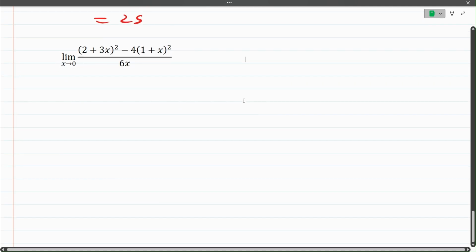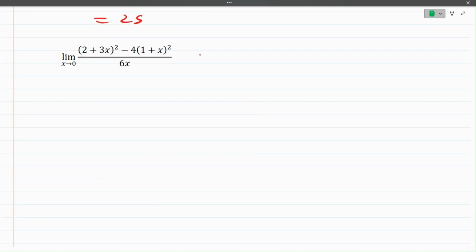Here we have limit x approaches 0, 2 plus 3x whole squared minus 1 plus x whole squared over 6x. So in the numerator, we're going to use the formula a squared minus b squared, a plus b, a minus b.